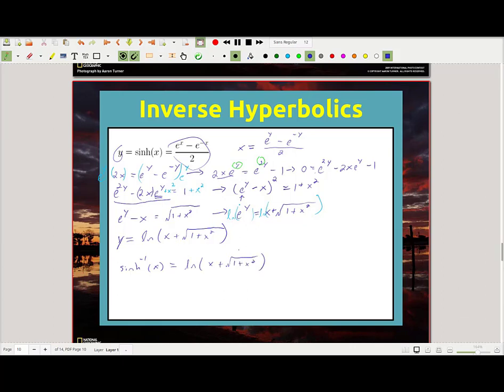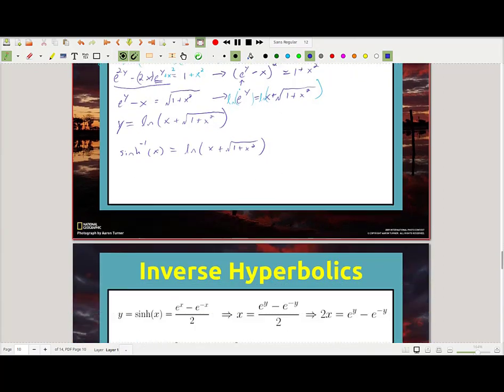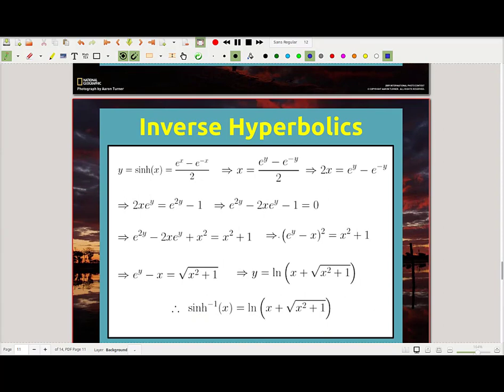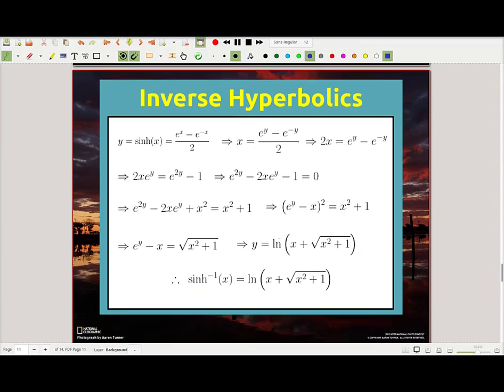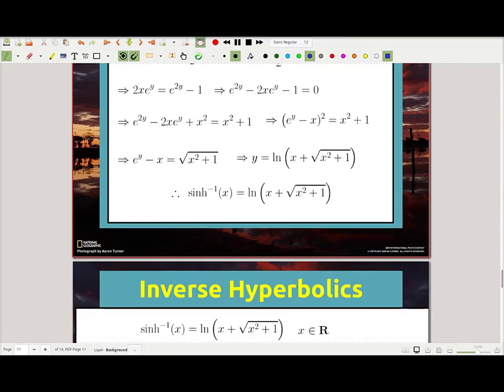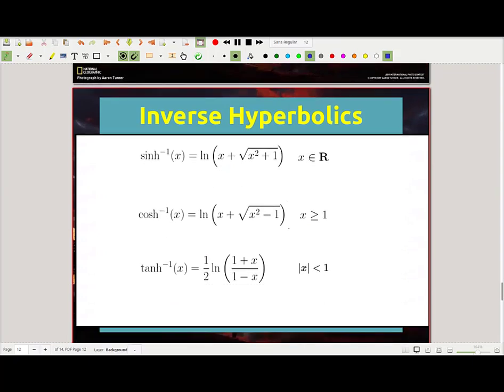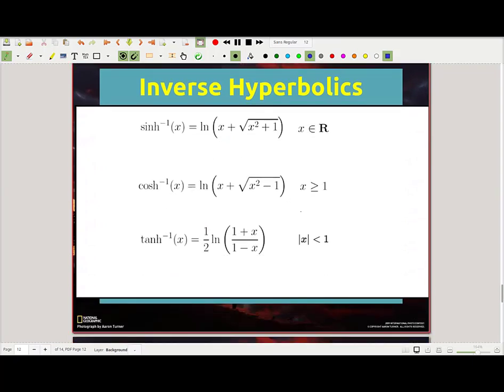Alright, so you can try this with any of the other hyperbolic functions. The process is similar. Here's a cleaner look at what we just went through. And then here's what you should get if you do it for the sinh, cosh, and tanh, if you find their inverse functions.